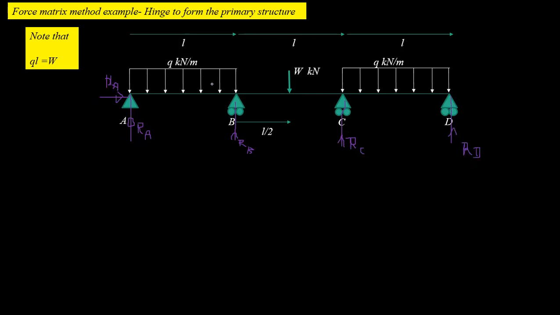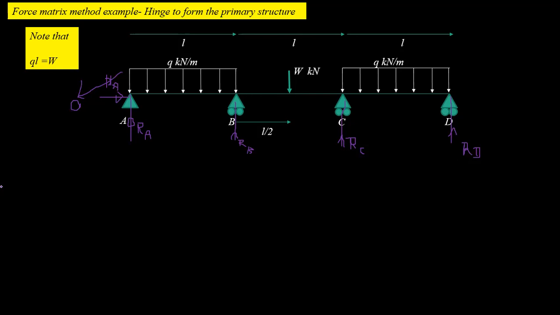Since you don't have any horizontal loading, you can assume this HA is approximately 0. Then you cannot use the horizontal force equilibrium either, because there are no horizontal forces.